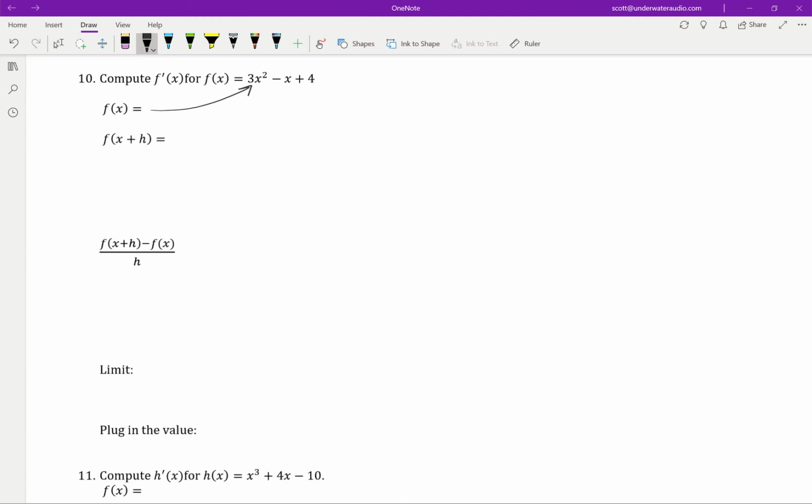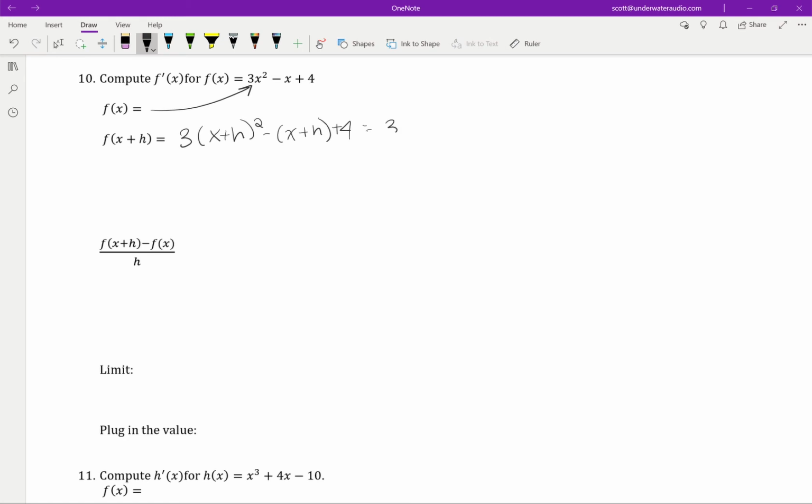I'll start by replacing every x in that equation with x plus h. I always use parentheses, that's really important. It's important for getting the squares and the negatives right. It really helps if you do that.